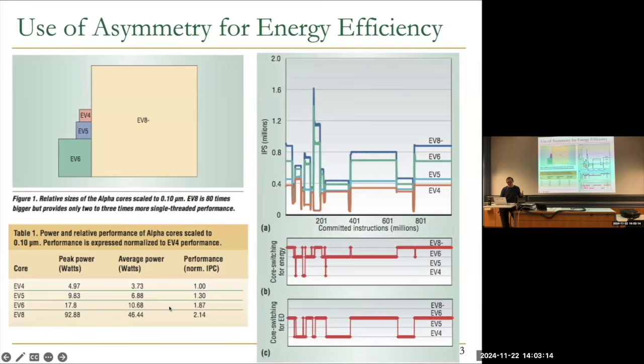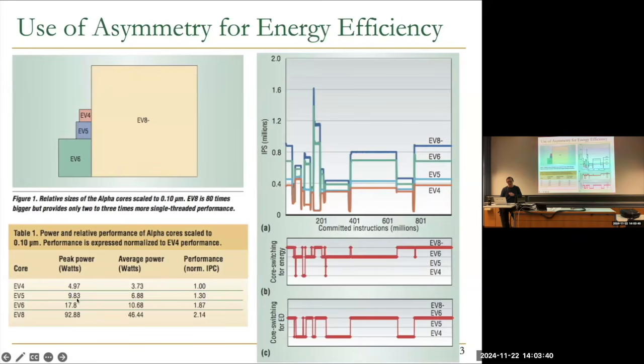And this is what's reported in the paper in terms of peak power, average power, and performance across some workloads. I think these numbers are a bit more realistic compared to the Intel paper that I mentioned yesterday, although I'm going to mention that paper because that paper has value independently. But you can see that these folks say EV4 has a peak power of this, and performance is normalized to that.